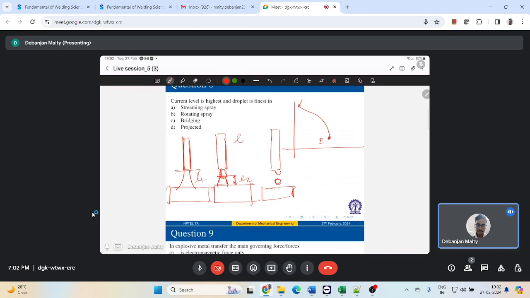So this is my first point, and this is the point where droplets get detached, and then it will restore that amount of voltage. So basically, whatever you are starting from, that is my original arc gap, which is restored, and the voltage is also jumping towards the normal value, right? And your next cycle starts. That's how it happens in free flight metal transfer.